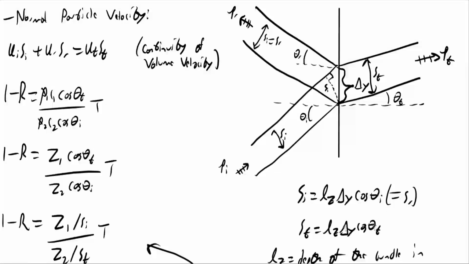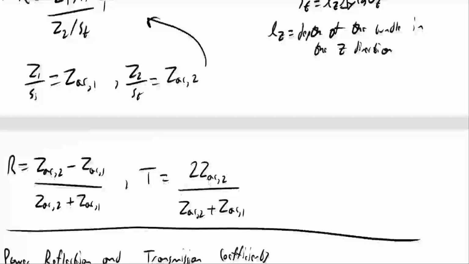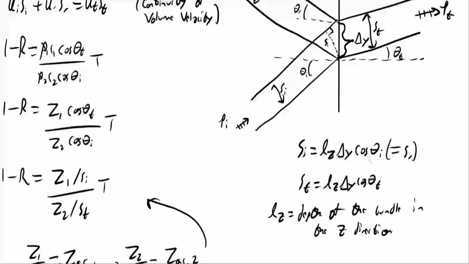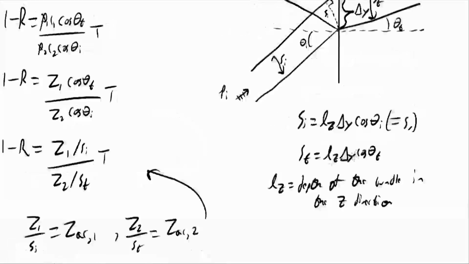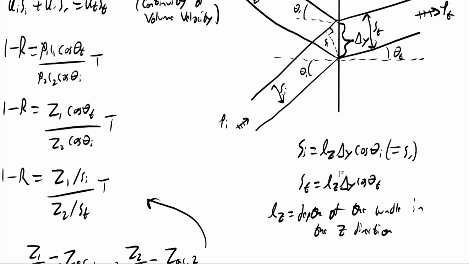So this is another reason we looked at this formulation, not only so we could formulate our reflection and transmission coefficients in terms of the acoustic impedance, but also so we could find the power reflection and transmission. So the delta Z and delta Y are both going to cancel.